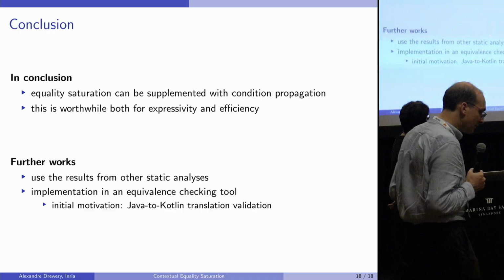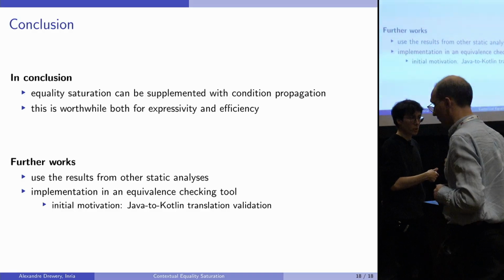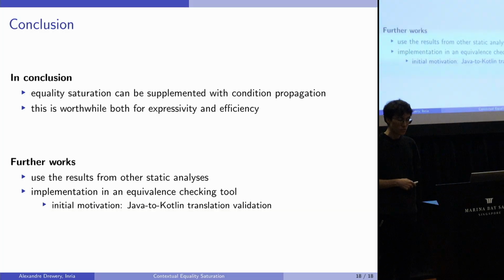On the side of expressivity, you could use the results from other static analyses and conditional propagation. And on the side of efficiency, initially what motivated us was building an equivalence checking tool for a specific translation validation from Java language to Kotlin language. So we could now implement this technology into such a tool. Thanks for listening.